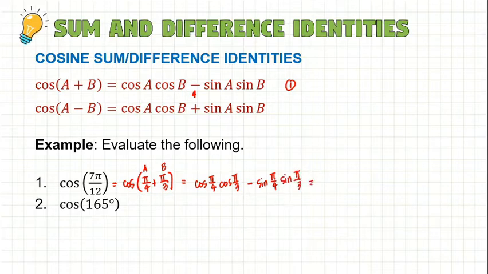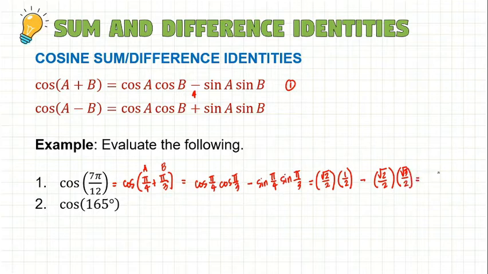So from that, we will now have cosine of pi over 4 is just square root of 2 over 2, and cosine of pi over 3 is just 1 half, right? Minus sine of pi over 4 is just square root of 2 over 2, and sine of pi over 3 is just square root of 3 over 2.